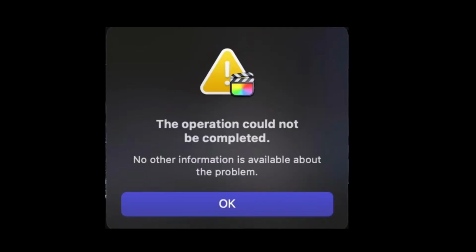I wish they would have better pop-ups than something like this. This is kind of ridiculous, isn't it?